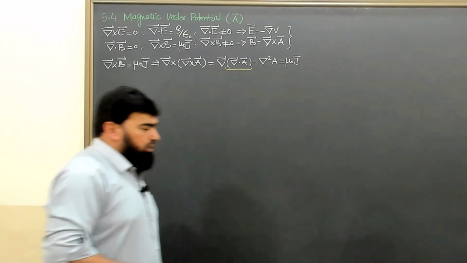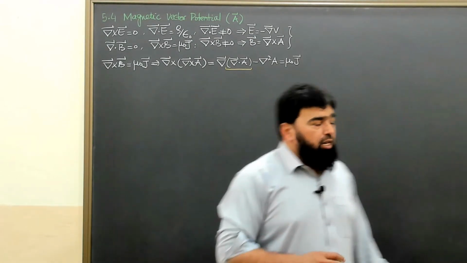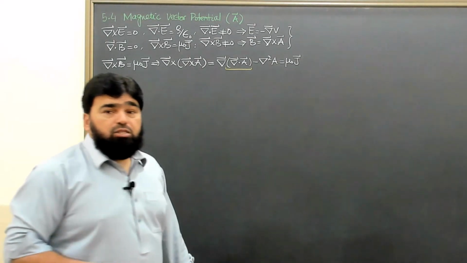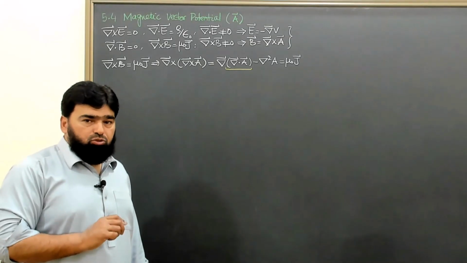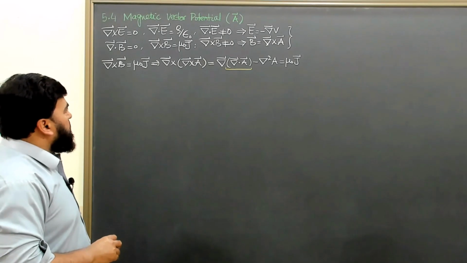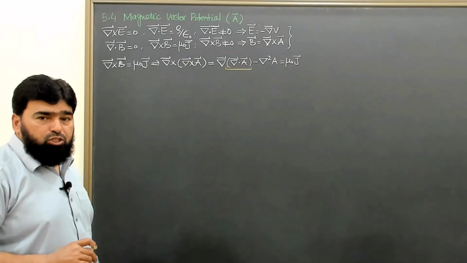We will discuss two things in comparison, one is the gauge freedom and the other is the Coulomb gauge. So we will discuss those things here, leaving this equation at this point.